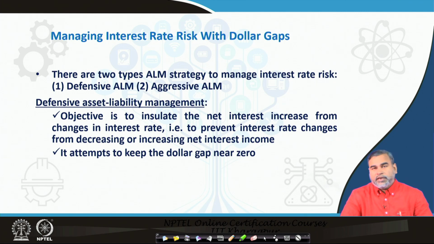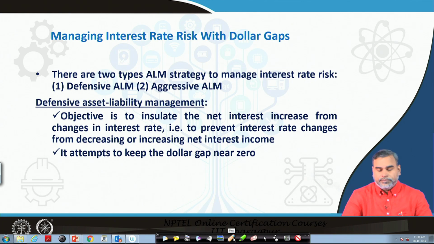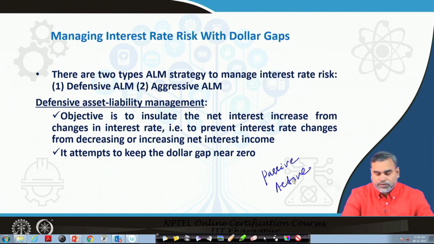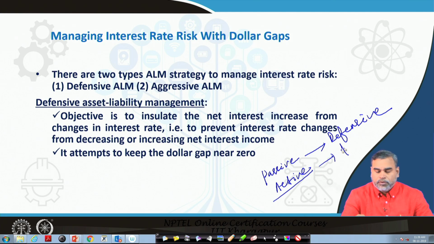In general, whenever you go for the management of a portfolio or the management of anything, we broadly follow two types of strategy: a passive strategy or an active strategy. In this context, in place of passive we use the word defensive strategy, and in case of active, we use the word aggressive strategy.